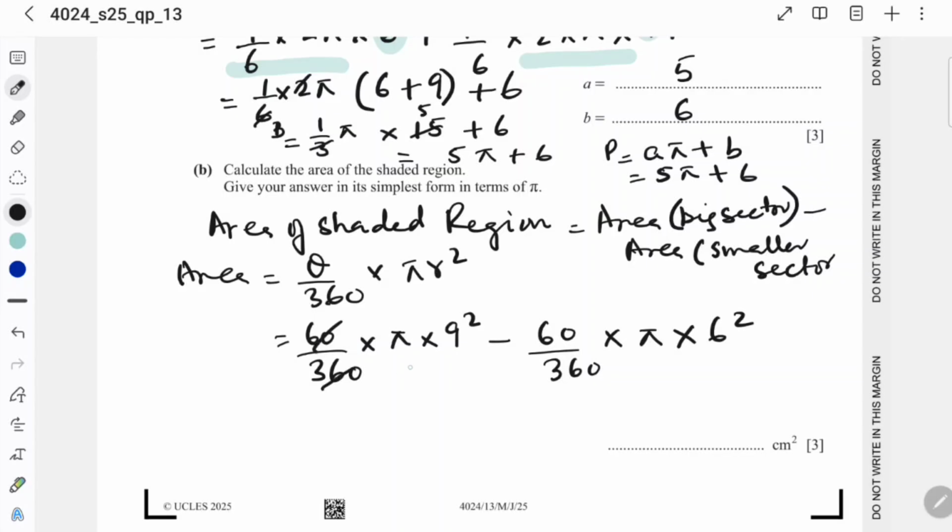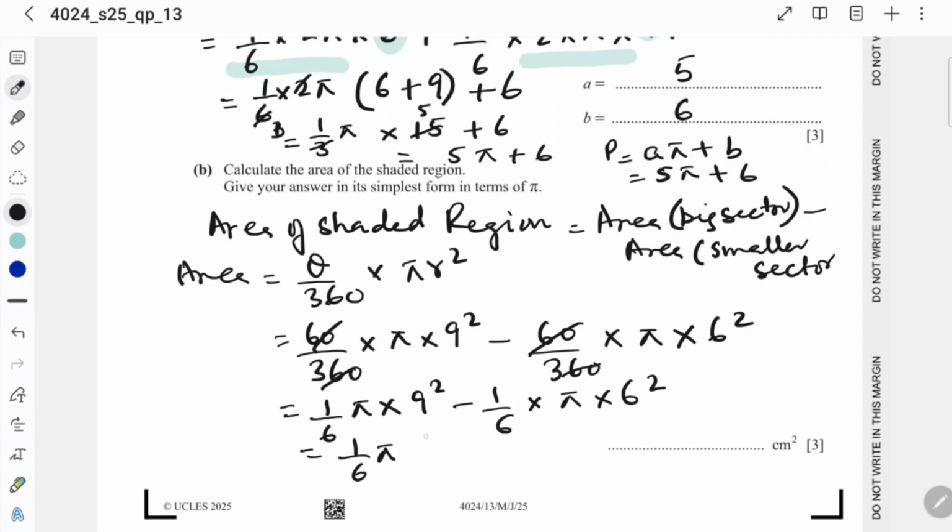So that is 1 over 6 pi into 9 square minus 1 upon 6 into pi into 6 square. 1 over 6 pi I am taking common. 81 minus 36. What is 81 minus 36?